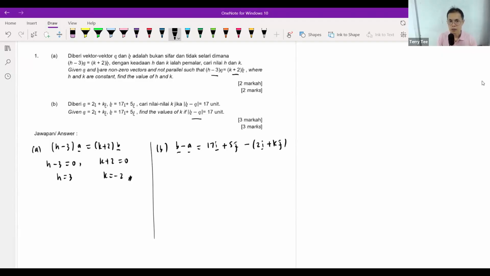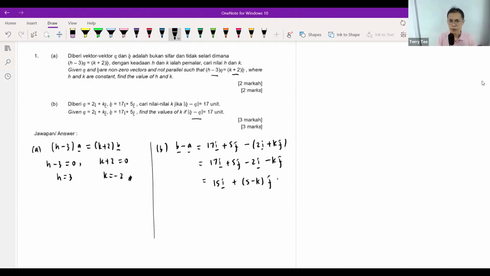So we multiply the negative inside. Maybe I do it slowly: 17i + 5j - 2i - kj. 17 minus 2 is 15i, and 5 minus k we put together, and we write the j outside.